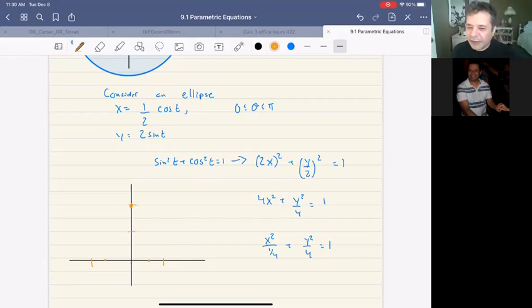And we only need the top half. So this is going to be the top half of this ellipse.